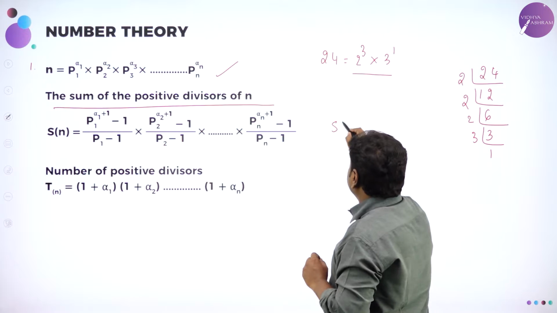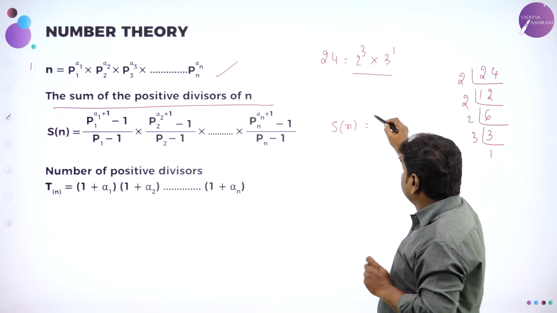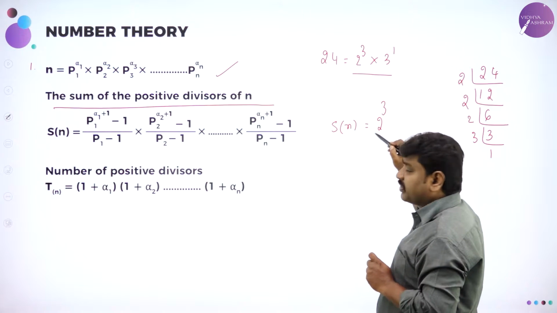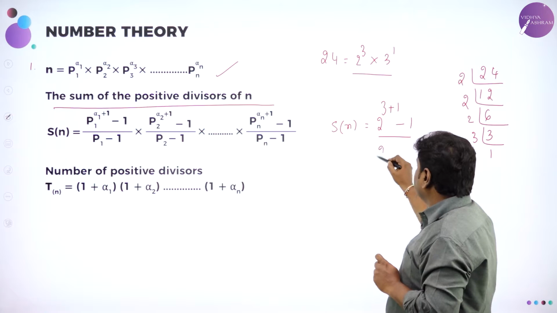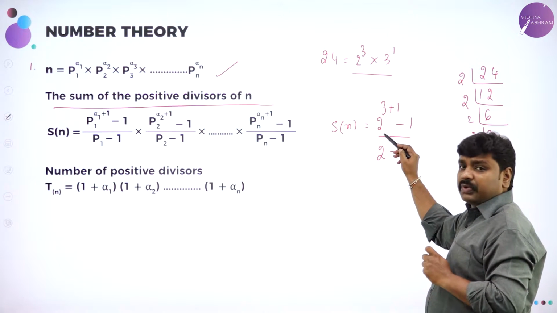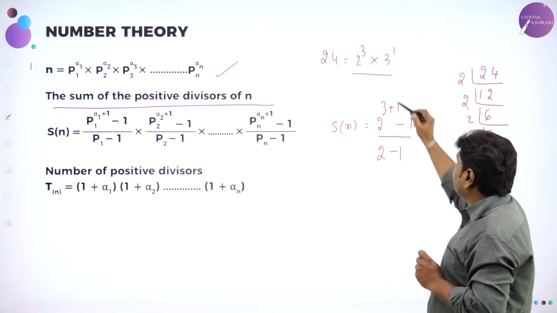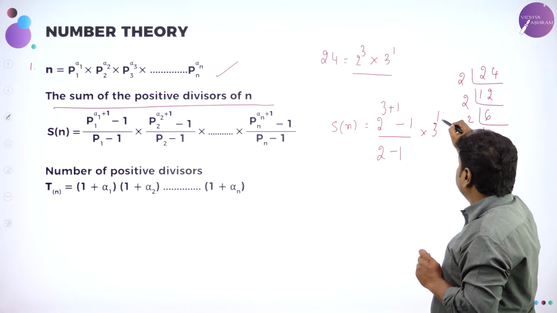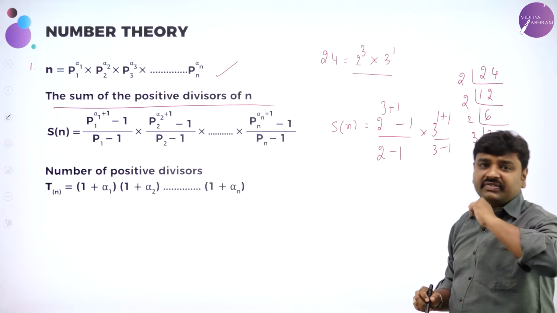So if you want to find sum of divisors of n, so we have P1 means 2, power alpha 1 means power 3, add 1 to the power and subtract 1 from the base, divided by 2 minus 1. P1 power alpha 1 plus 1 minus 1 divided by P1 minus 1 into, we have P2 also, that is 3, power 1 plus 1 minus 1 divided by 3 minus 1. If you do this, you will get sum of the divisors.